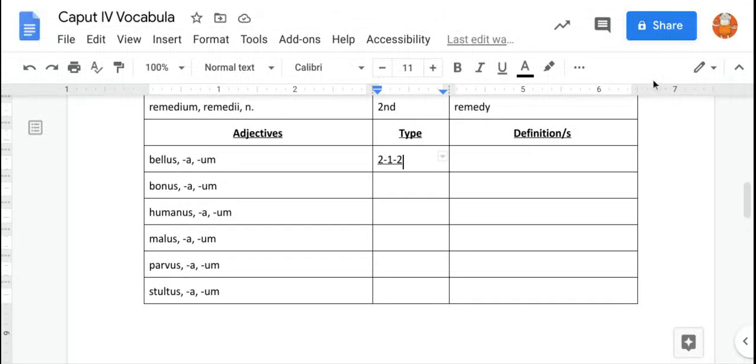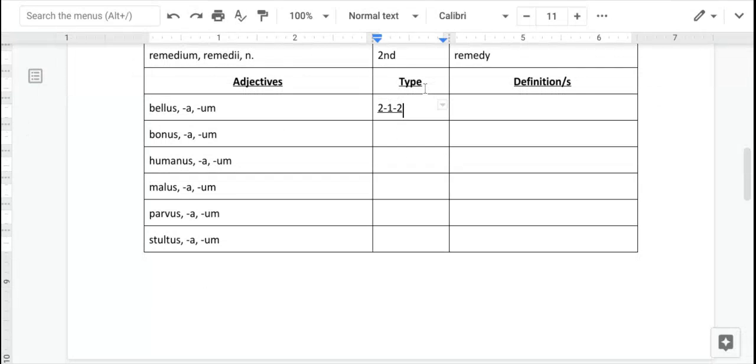So why is it called a 2-1-2 adjective? Well, because this represents second declension masculine, this represents first declension feminine, and this represents second declension neuter. So 2-1-2. Adjectives can be any gender to match the nouns that they're describing.